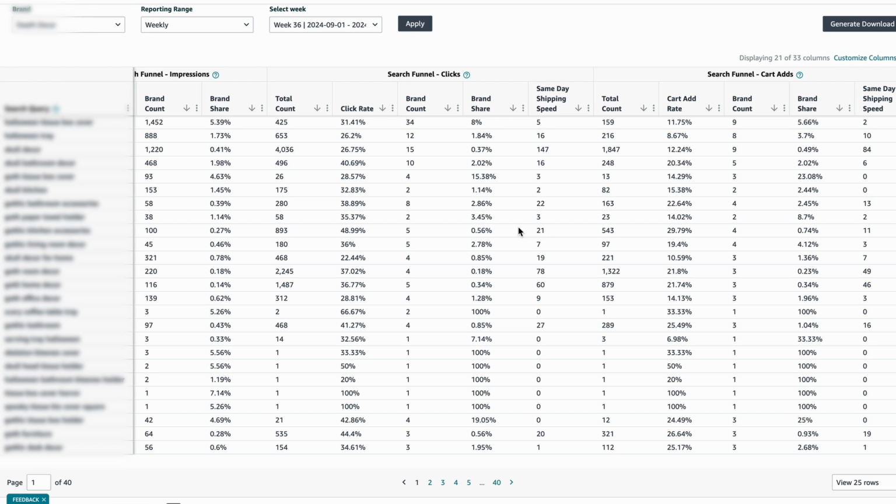Let me also take another example. Let's say I have a keyword with 1000 search volume and my impression to purchase ratio is 10%, and then I have another search term with a search volume of 2000, I have an impression to purchase ratio of 1%. Now, when you look at absolute search volumes, it may appear that the second keyword is more important.